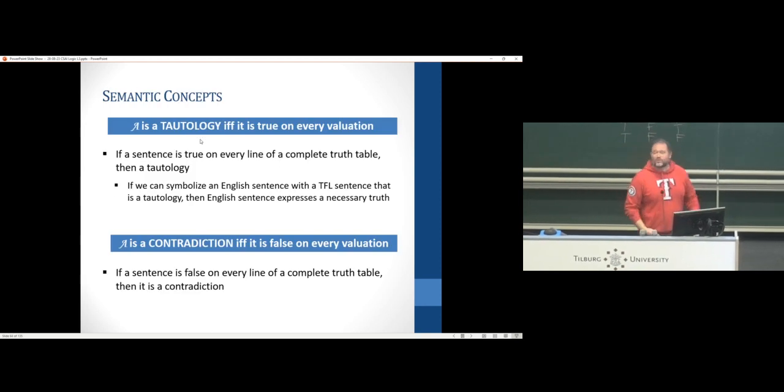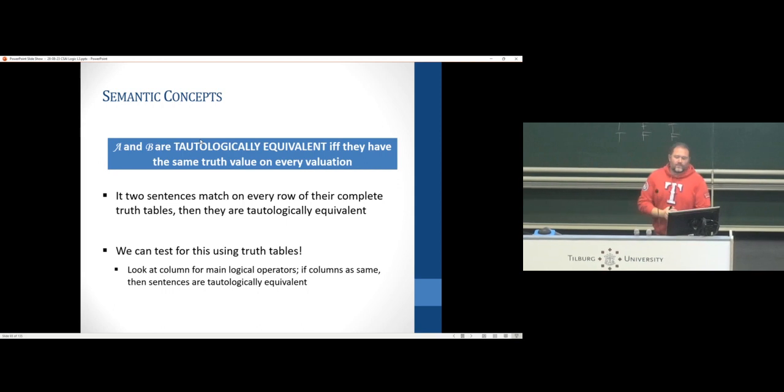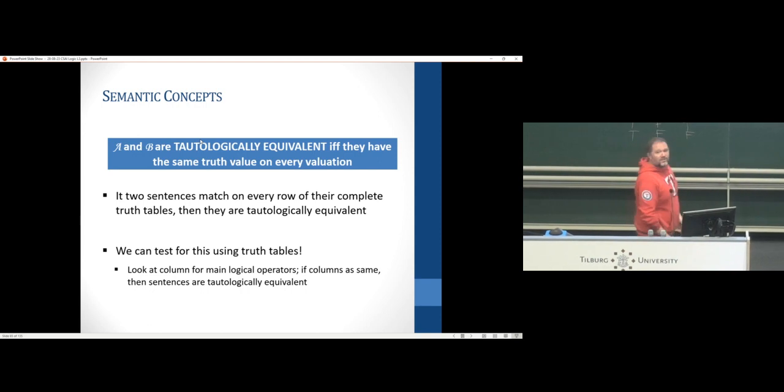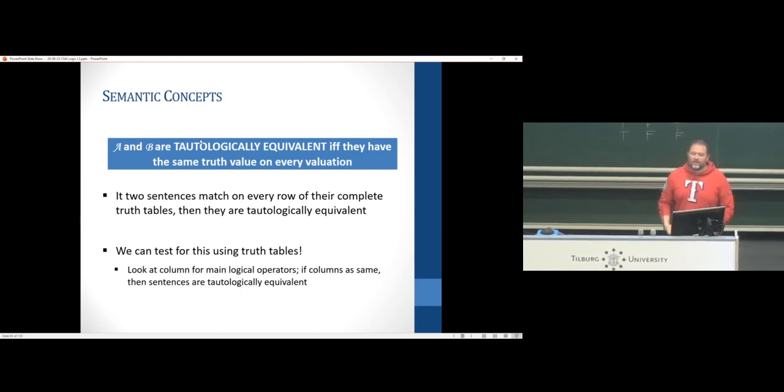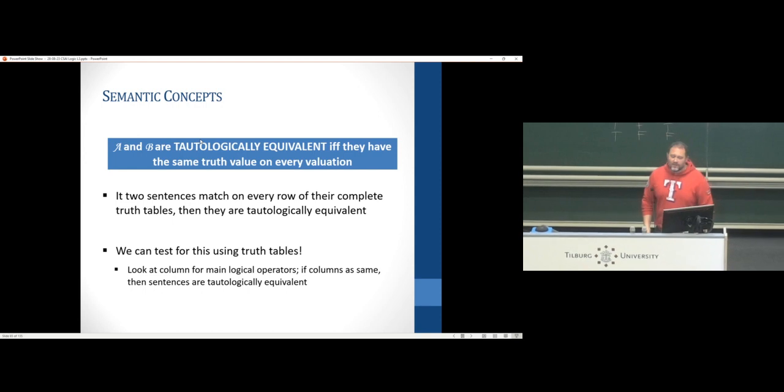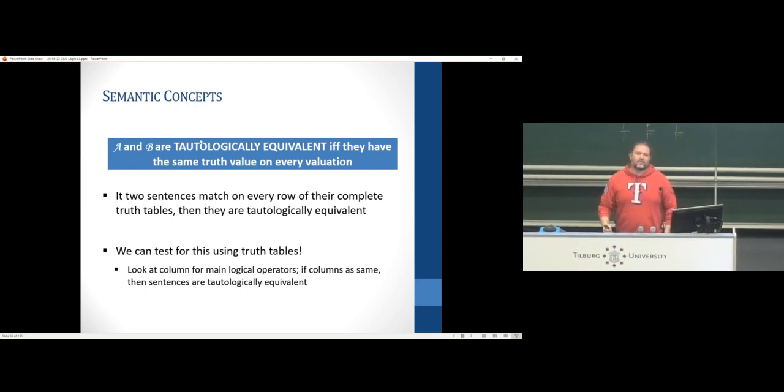Okay, so there's our first two notions. We can also talk about this notion. We can say that two sentences are tautologically equivalent if and only if they have the same truth value on every valuation. So I'll repeat the definition. Two sentences are tautologically equivalent if and only if they have the same truth value on every valuation.